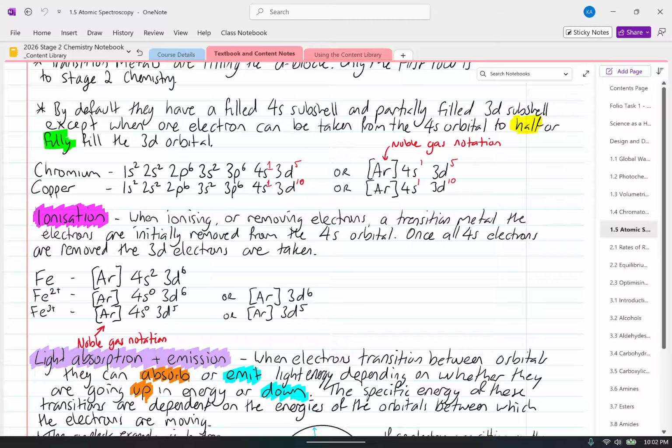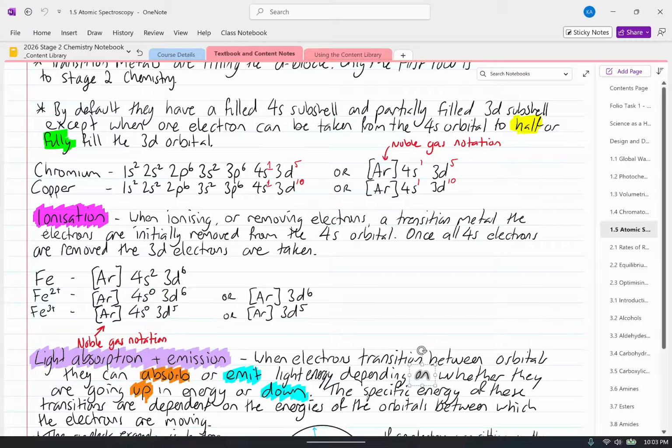Hopefully that makes sense. So if you have iron, which will have 4s2, 3d6, the last one you often write is 3d6, but if you take electrons away, you do not take them from the 3d orbitals. Instead, if you're taking away 2, for example, going to iron 2 plus, you take them away from the 4s orbital first.